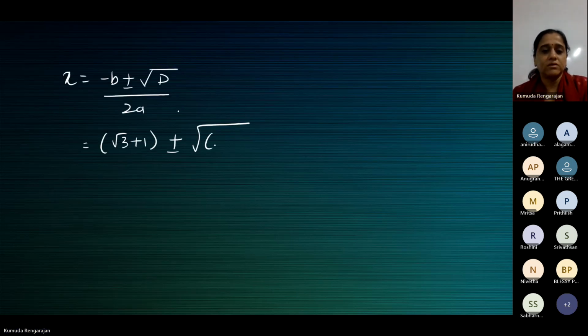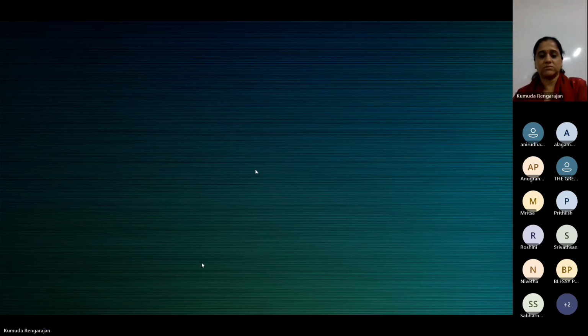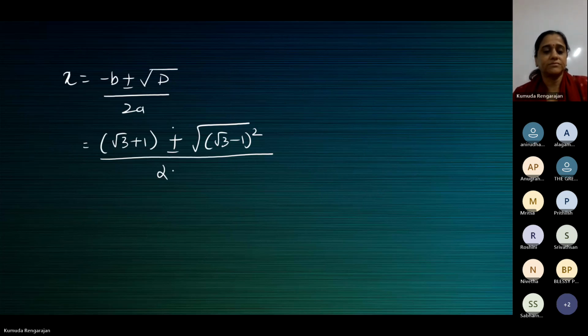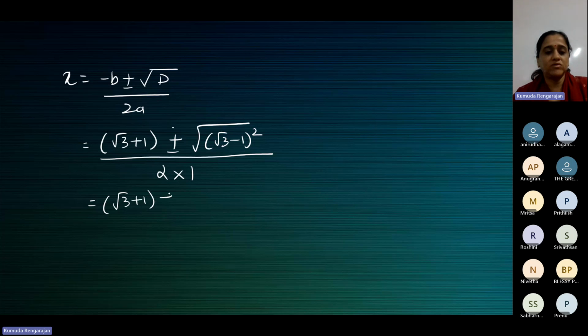D is root 3 minus 1 the whole square, divided by 2a, 2 into 1. So it is root 3 plus 1 plus or minus root 3 minus 1, by 2.